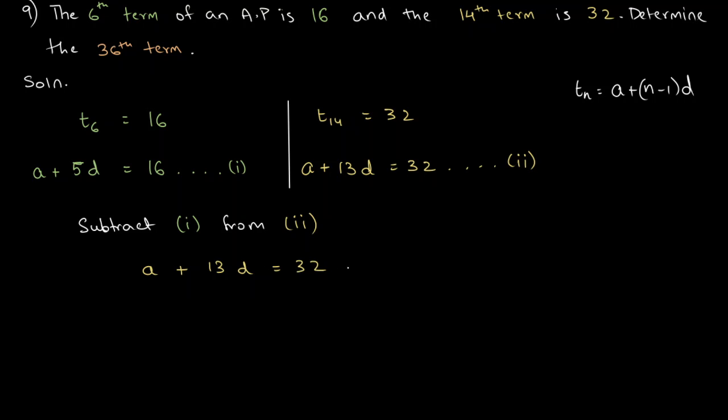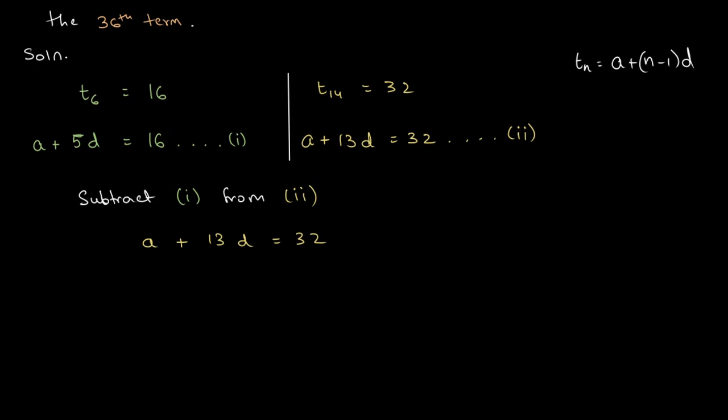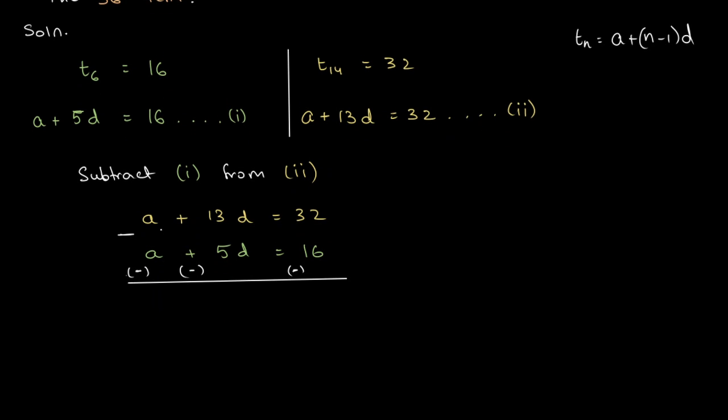This is our equation number 2, and from that we want to subtract equation number 1, which is A plus 5D equal to 16, right? Now remember, when you're subtracting, the signs of the equation below change, so plus A becomes minus, plus 5D becomes minus, plus 16 becomes minus, and on solving this, the A terms get cancelled.